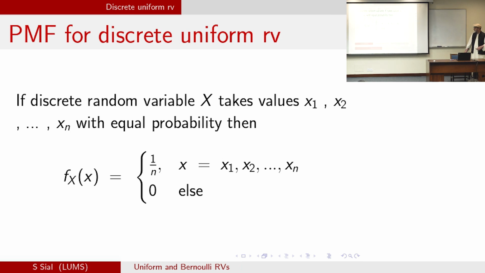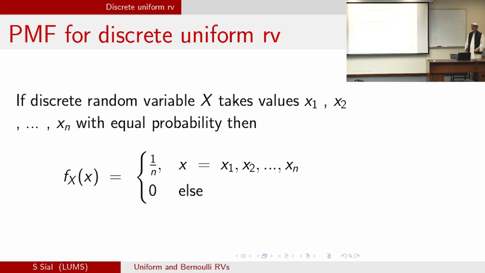So if we want to write this in a general way, what's a discrete uniform random variable? We say x can take these values, x1, x2, up to xn, and the probability of each one of the values given by this PMF is 1 over n, otherwise it's 0.